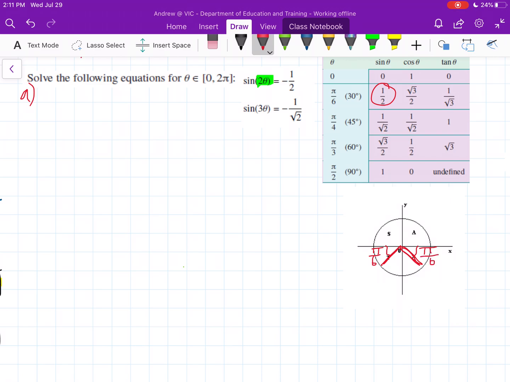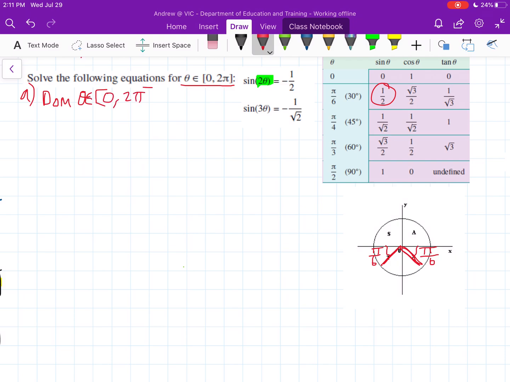Okay, now we've got that bit of information, we can now apply our domain. So in the question you can see it's looking for theta between 0 and 2 pi. So our domain, that's all the x values. For theta, we're looking from theta is an element, from 0 to 2 pi.